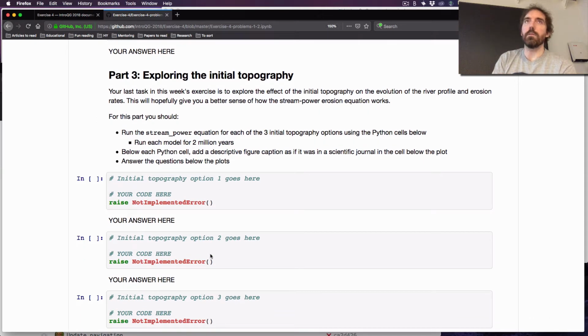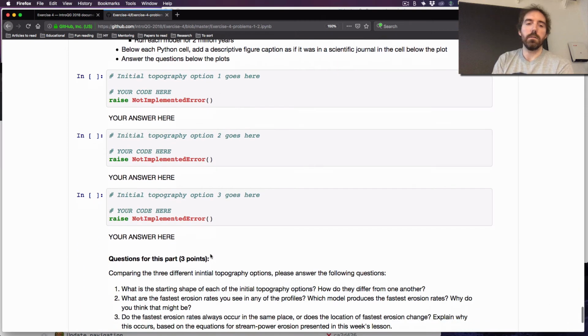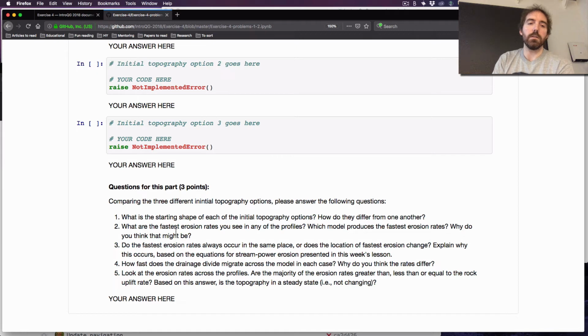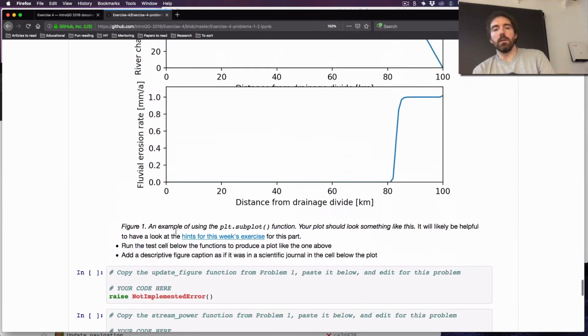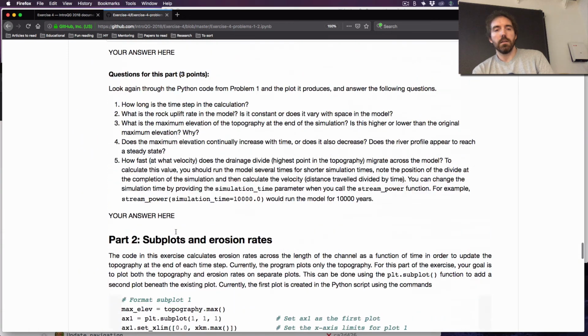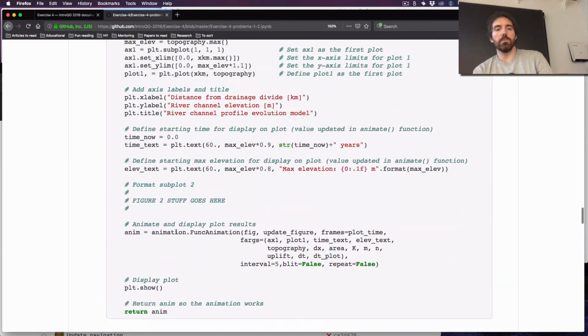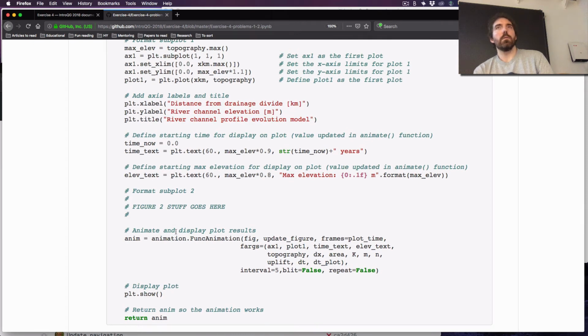That should be pretty straightforward when you get to this part. And there's a few questions at the end, and that should be that. So I think it's a little bit daunting in the sense that the code is more complicated this week. But in terms of what you have to do, I don't think it's as demanding in terms of the code that you have to write.